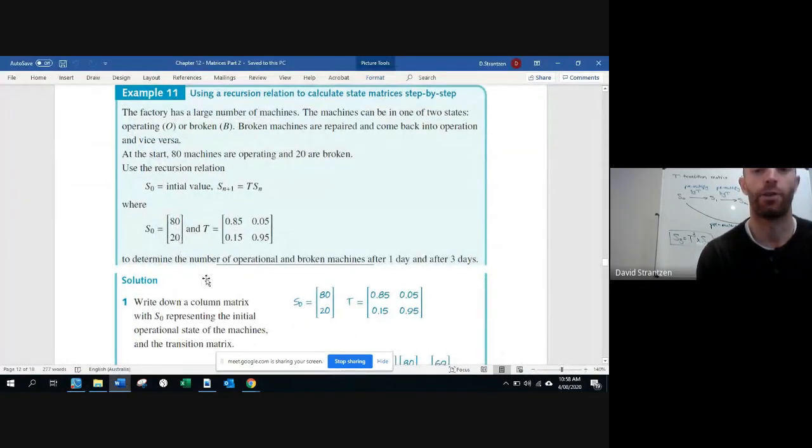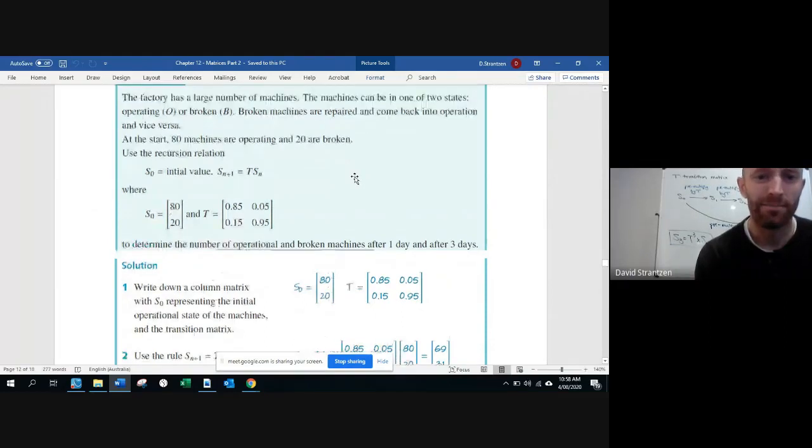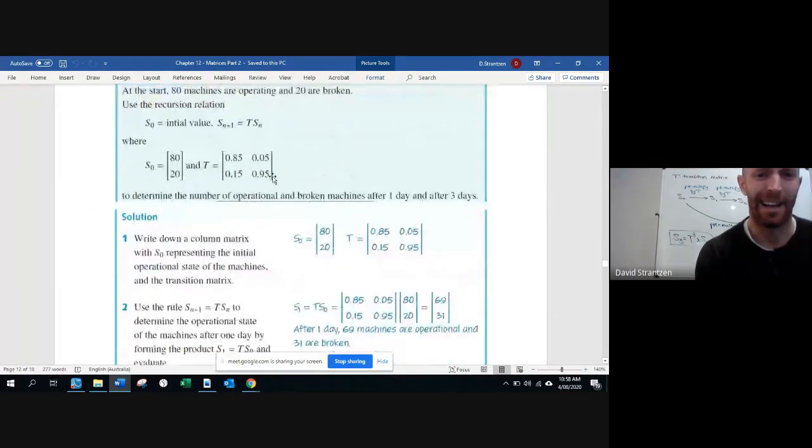Okay, so the reason that this is happening is if you notice these two percentages, the 0.15, this is 15% of machines that were operational are now broken, and only 5% of machines that were broken are now operational. In other words, this factory is finding that there are more machines broken in a day that were operational to start with than vice versa.